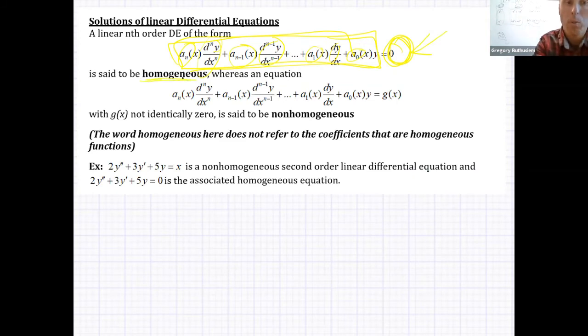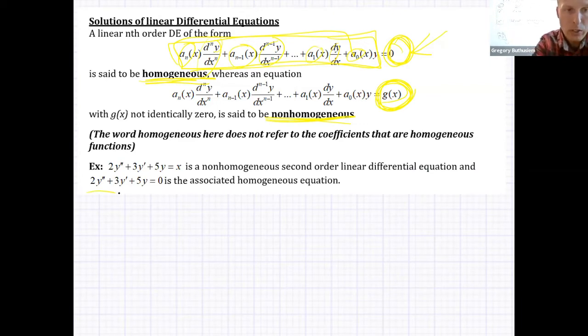We're going to call that homogeneous. So that's what the new homogeneous means for linear. It's a type of linear differential equation. If it wasn't equal to 0, if it was equal to some random function of x, that's going to be non-homogeneous. Again, this has nothing to do with the type of function that we called homogeneous before.